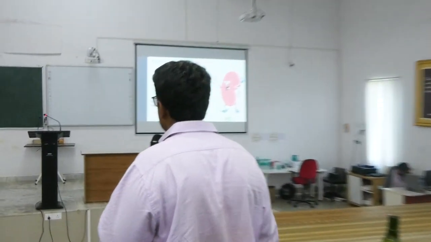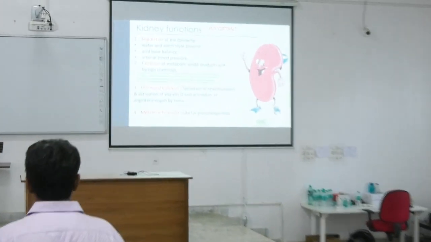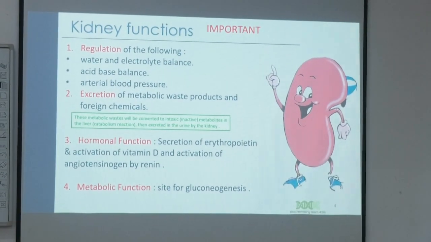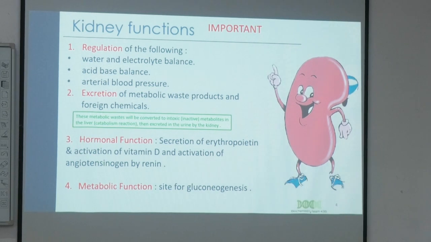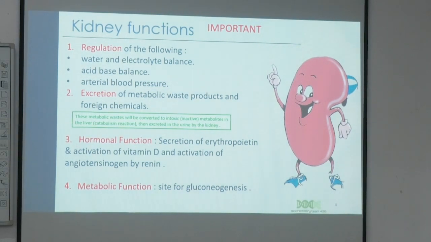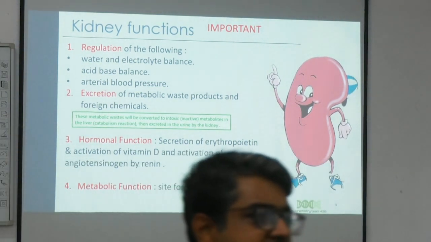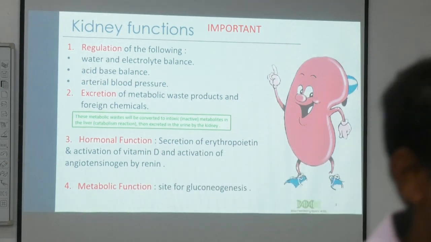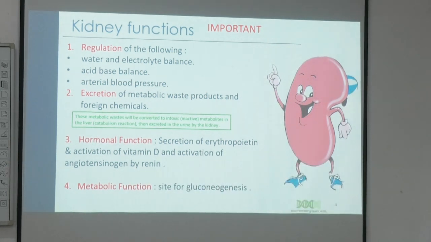So the function of kidney primarily is regulation. There is acid-base balance, arterial blood pressure. Okay, this will be your renin angiotensin system and aldosterone mechanisms.